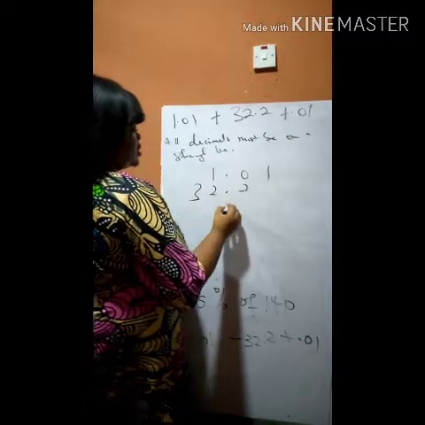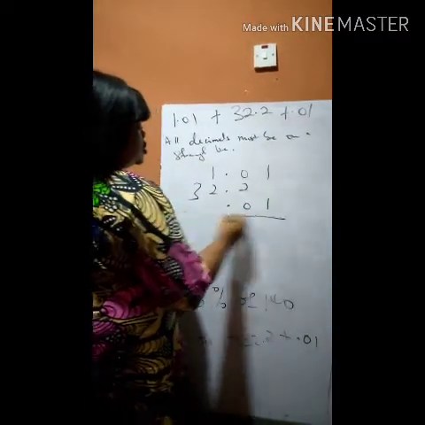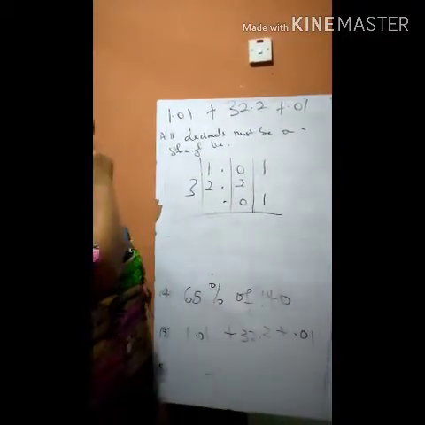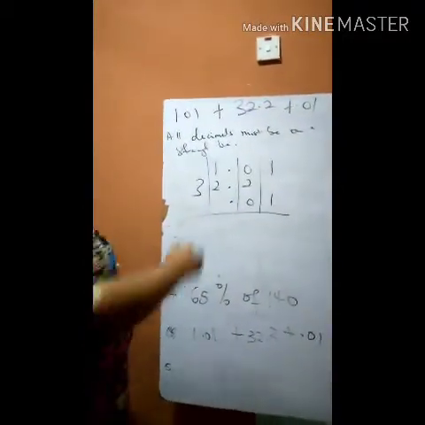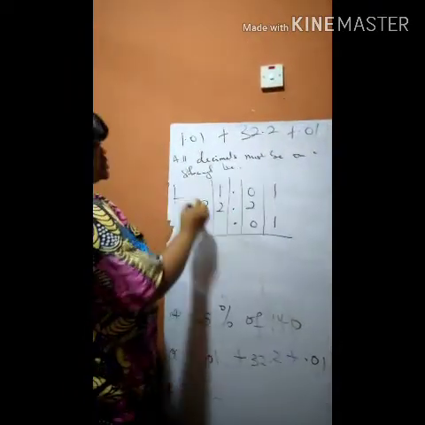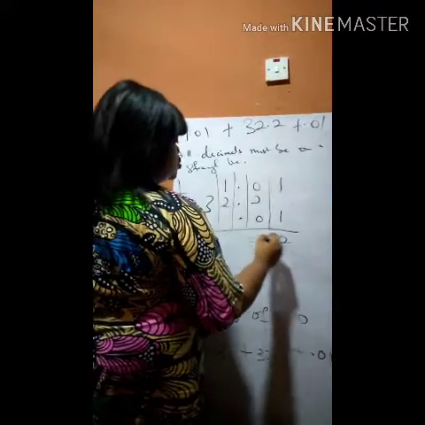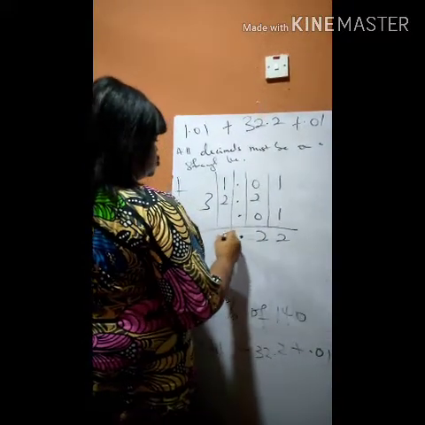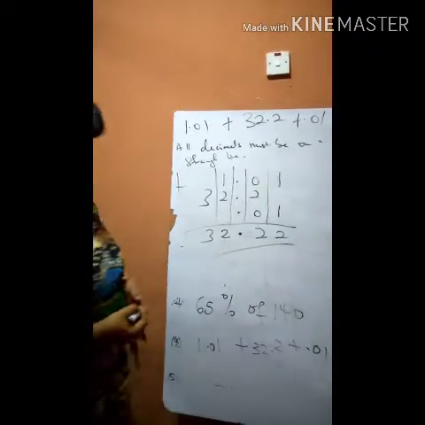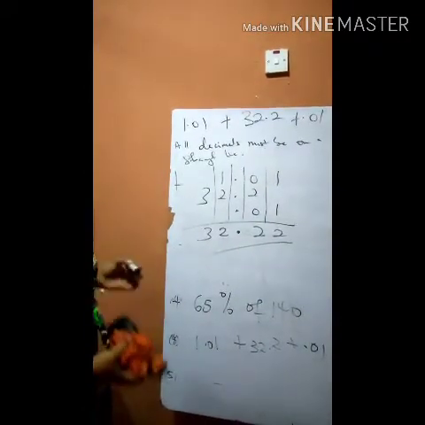All these lines are imaginary lines, but my decimal points are on a straight line. Then I can add. 1 plus 1 is 2. 2, my decimals, 2, 3. My final answer is 32.22.